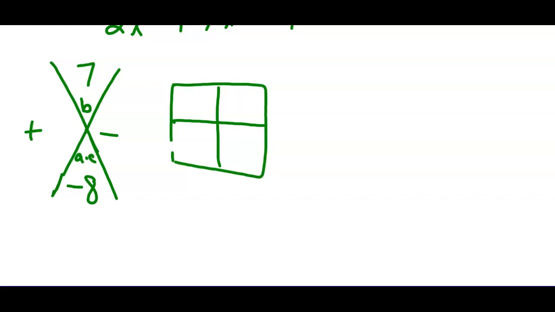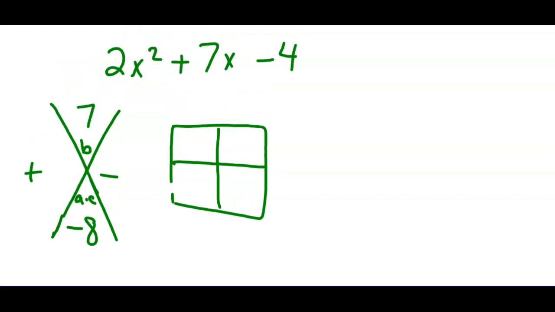Okay? Now you have to figure out what your plus and your minus are. They have to multiply to 8 and add to 7. So for 8, I've got 1 times 8 and I've got 2 times 4. Which of those add to 7?